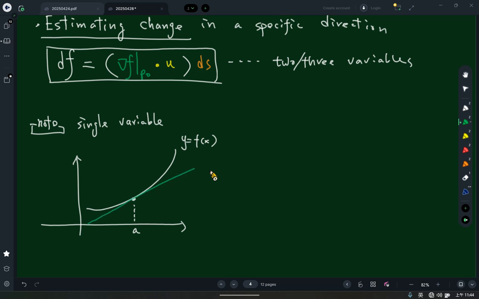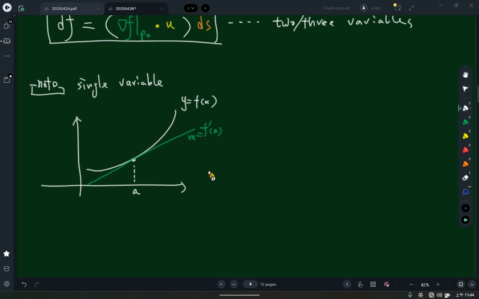If it is differentiable, the slope is f prime a, right? So if y is equal to f of x, and f is differentiable at x is equal to a, of course we can get its slope, m is equal to f prime a. At that time, if we want to estimate its change, it will be around f prime a times dx. This is for single variable.